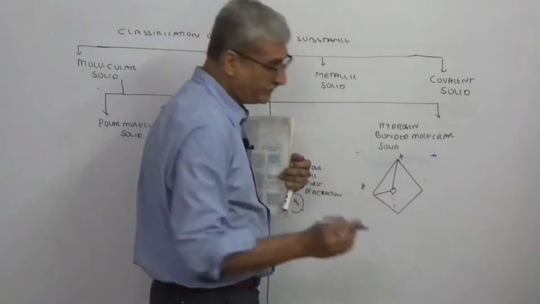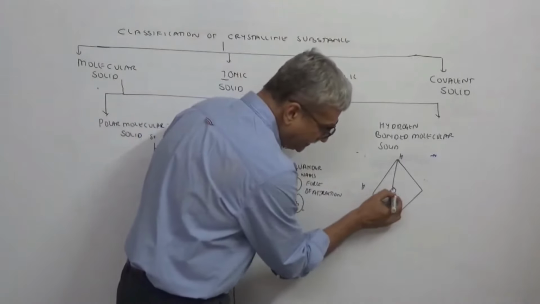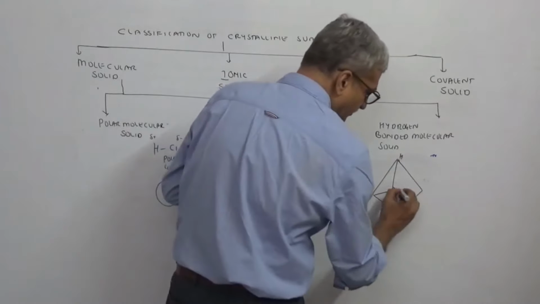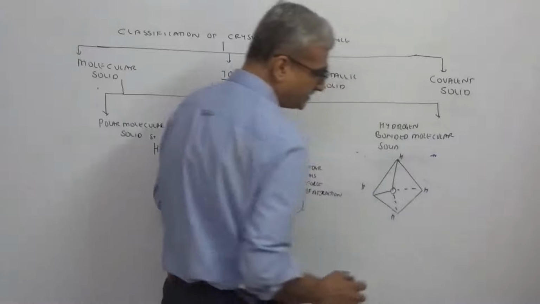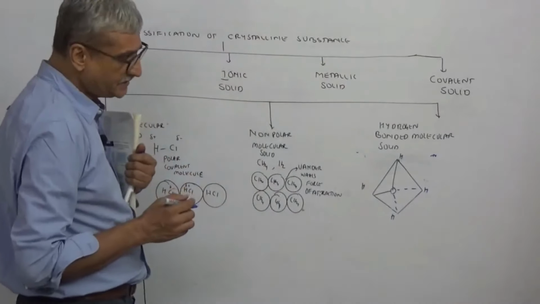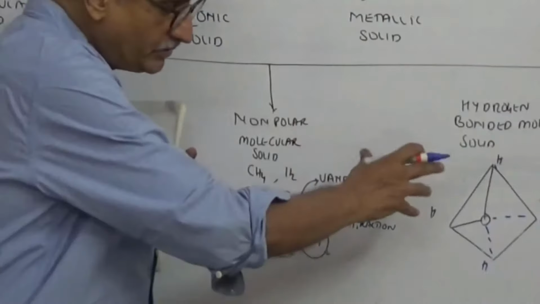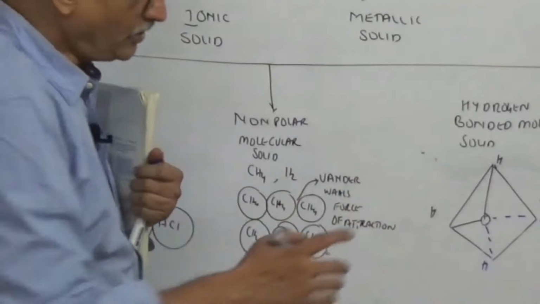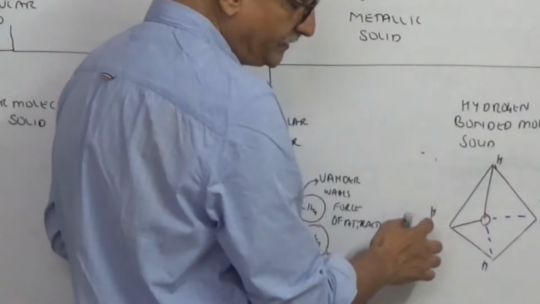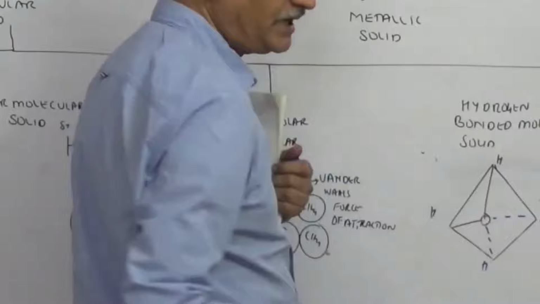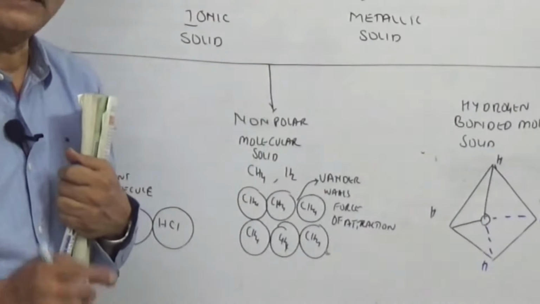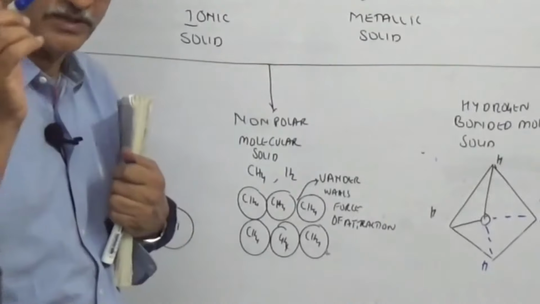See, the international convention for hydrogen bonding is only 3 dashed lines. 1, 2, 3, this is H. So in ice, what happens? In ice, the water molecules are arranged such that the oxygen has two bonds covalent with hydrogen and two bonds hydrogen bonded with a hydrogen of another water molecule.